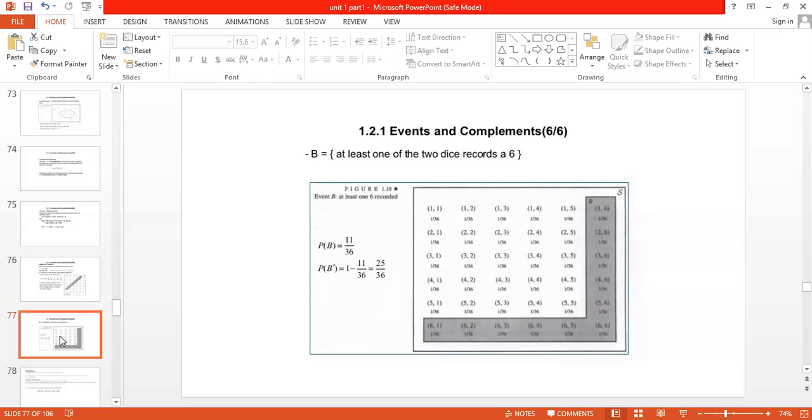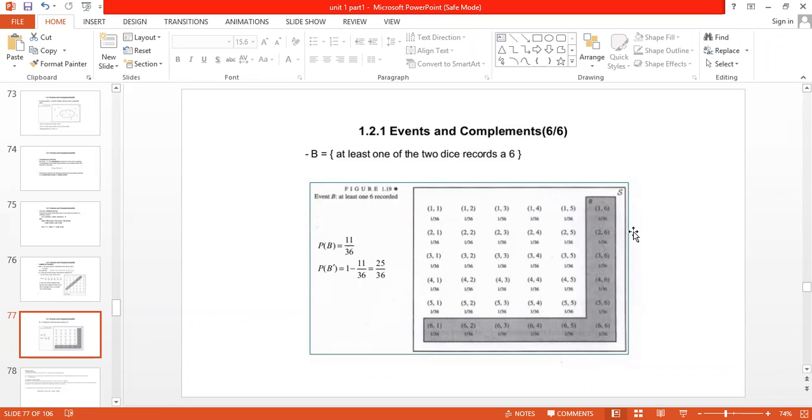Okay, what are the possible cases here? 1 comma 6, one die is getting 6, no? 2 comma 6, again one die is getting 6, 3 comma 6, 4 comma 6, 5 comma 6, 6 comma 6, 6 comma 5, 6 comma 4, 6 comma 3, 6 comma 2, 6 comma 1. These are the possible outcomes where we get at least one 6.